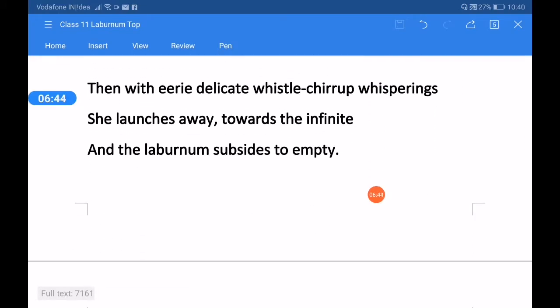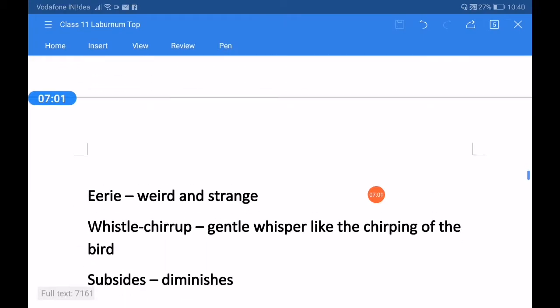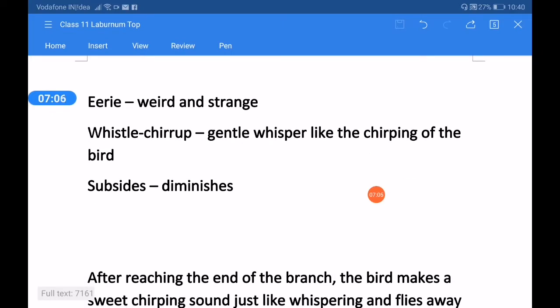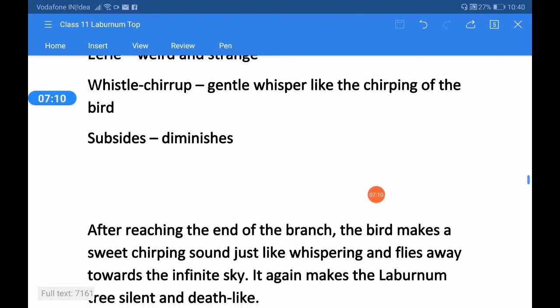Further lines from the textbook are: the stanza begins, then with airy delicate whistle, chirp whisperings, she launches away towards the infinite, and the laburnum subsides to empty. Airy means here weird or strange. Whistle means chirp, gentle whisper like the chirping of the bird.